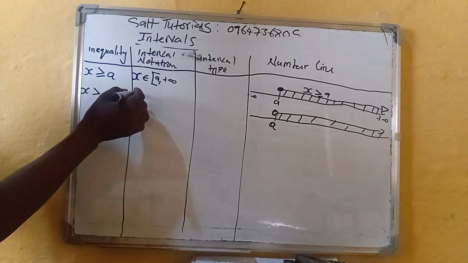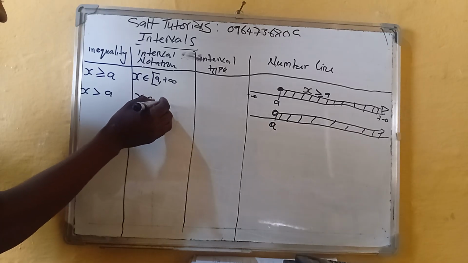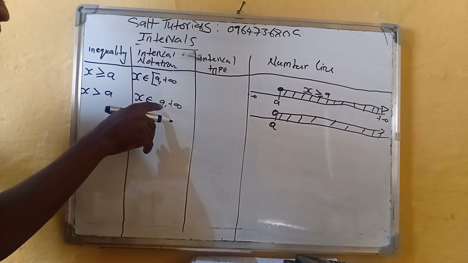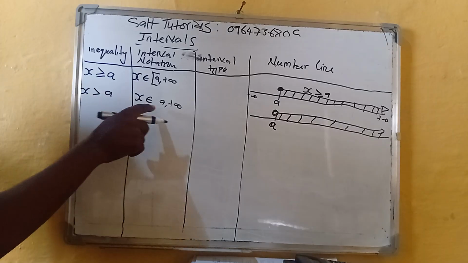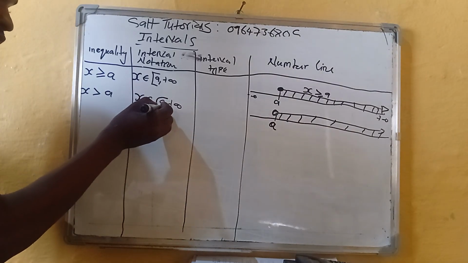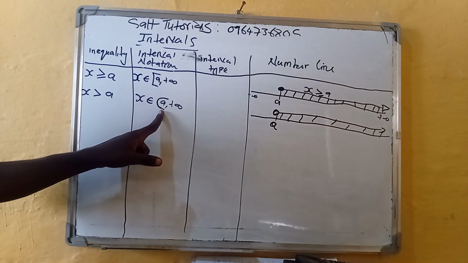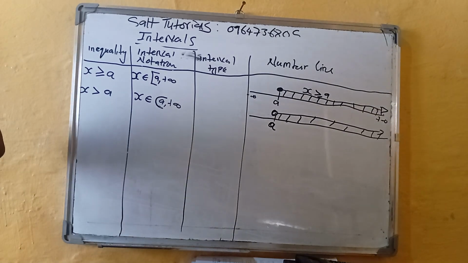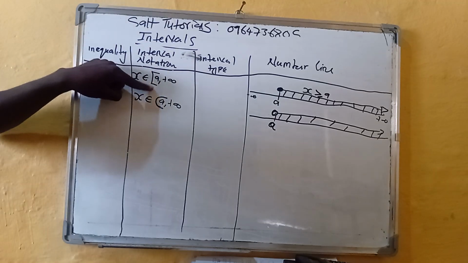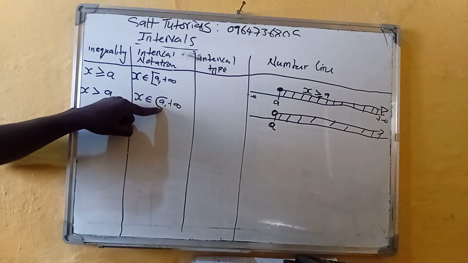But for this one, it is x being a member of (a, positive infinity). Since it is not equal to a, it will be a round bracket, emphasizing it is open at a. So this means it's closed, but this one is an open one.